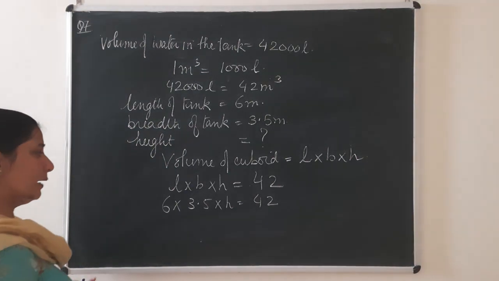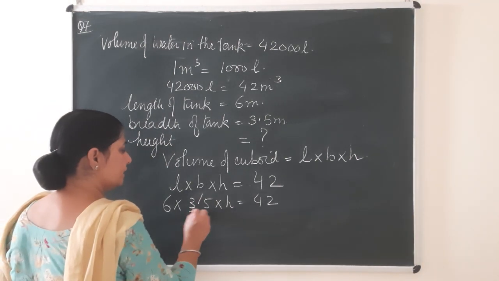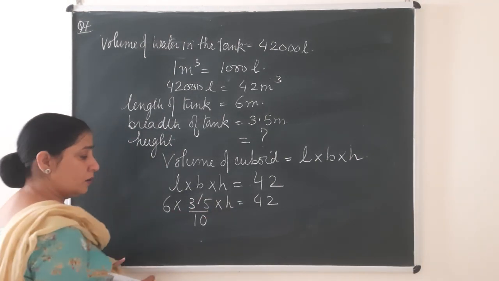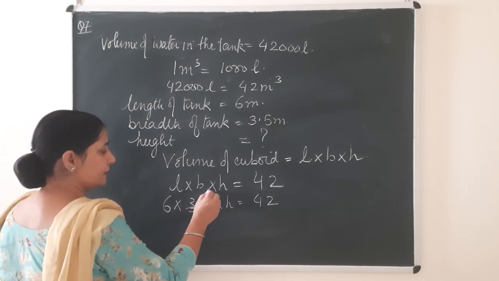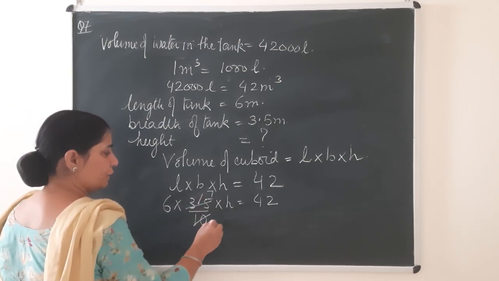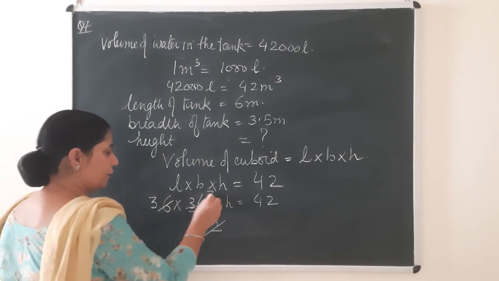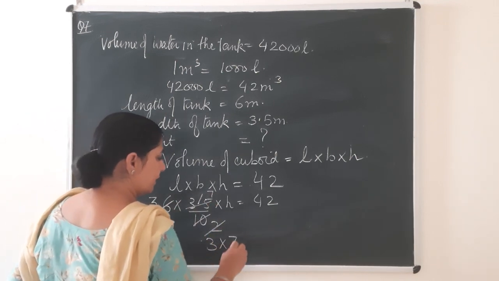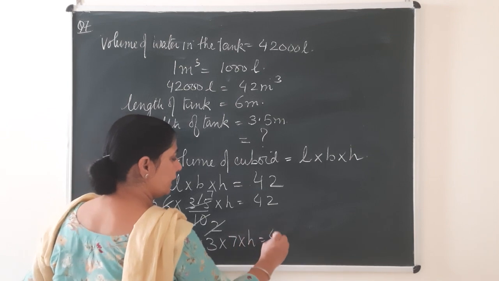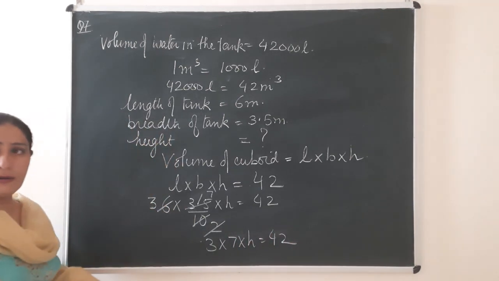Now let's do the calculation. You remove the decimal from here and put a 10 here. On the table of 5, 5 7s are 35 and 5 2s are 10. On the table of 2, 2 3s are 6. So you are left with 3 into 7 into h on the left hand side and 42 on the right hand side.